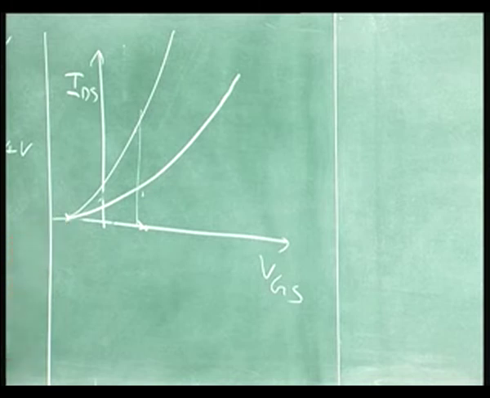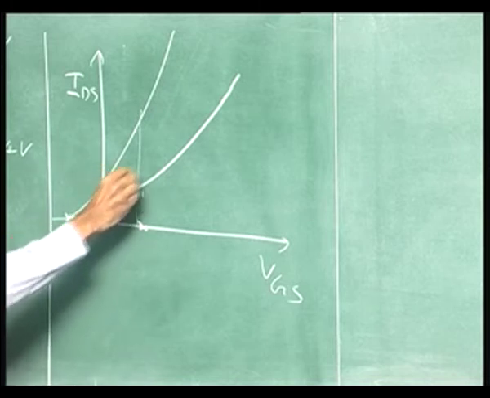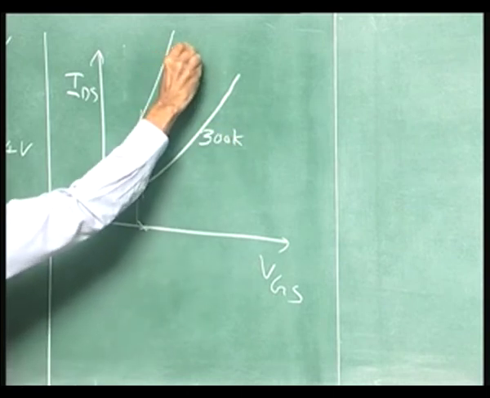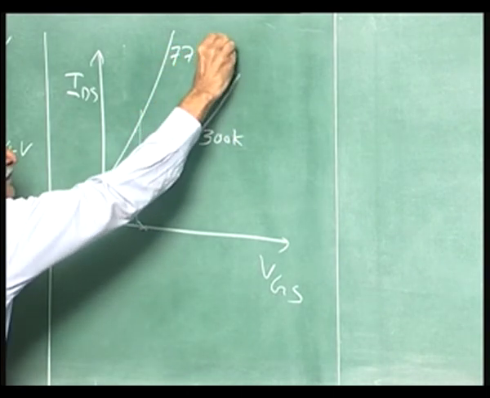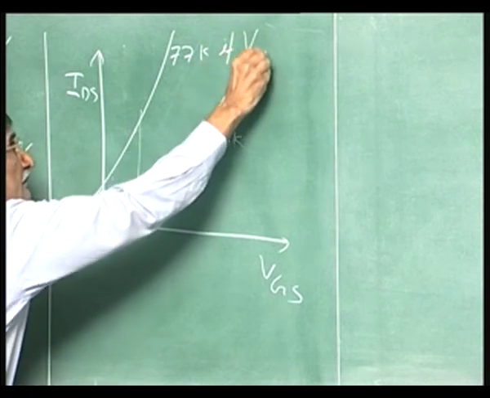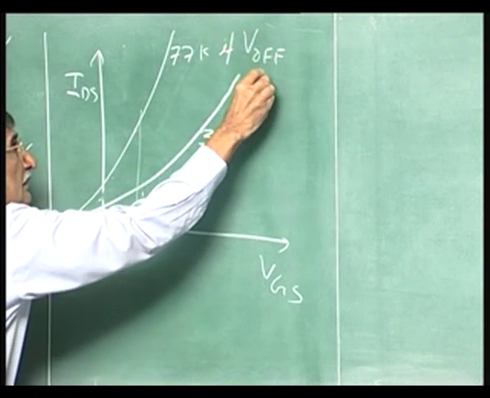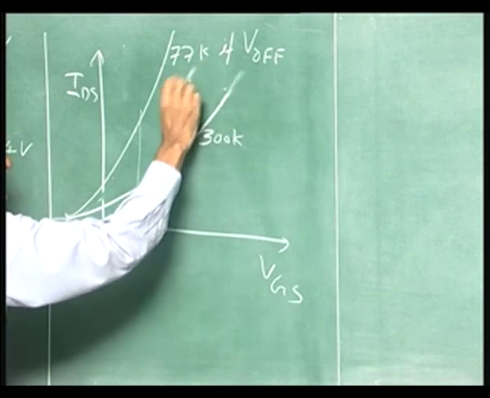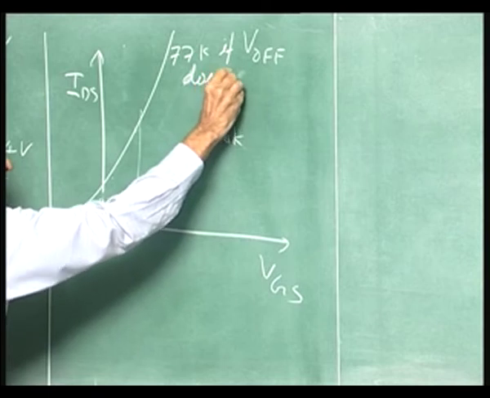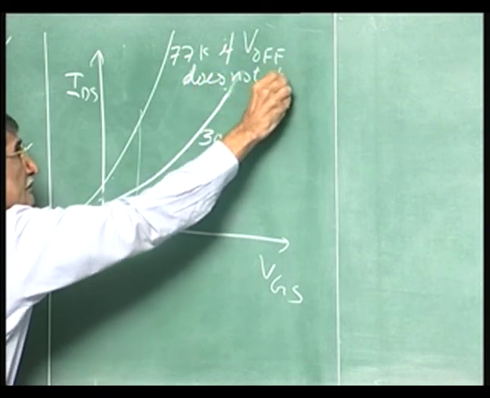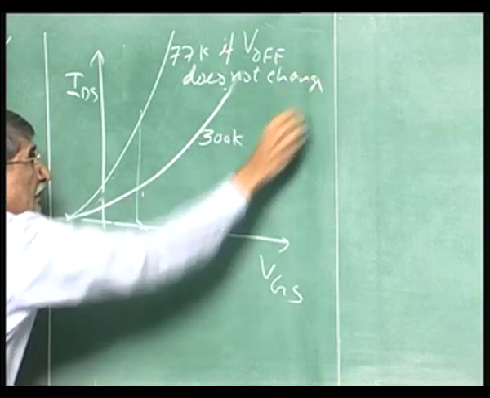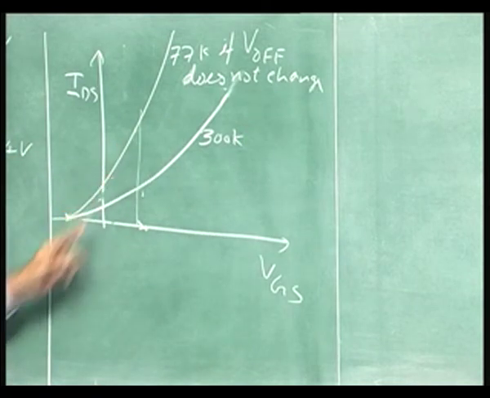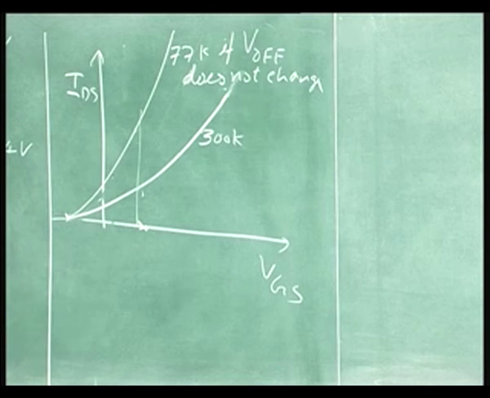But what happens is the threshold voltage, this is at 300 K, this is at 77 K, if V threshold does not change, that is what you will get. That is the meaning of that particular term that we put there.